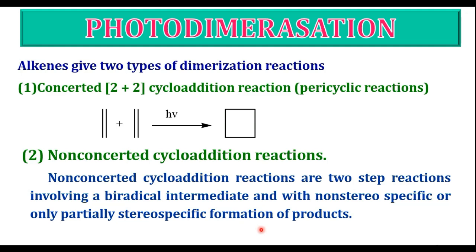So friends, this is about photodimerization. For example, let's take cis-2-butene. On photochemical irradiation we get two types of products, and here you observe that the stereochemistry of groups on the reactant is retained in the product.